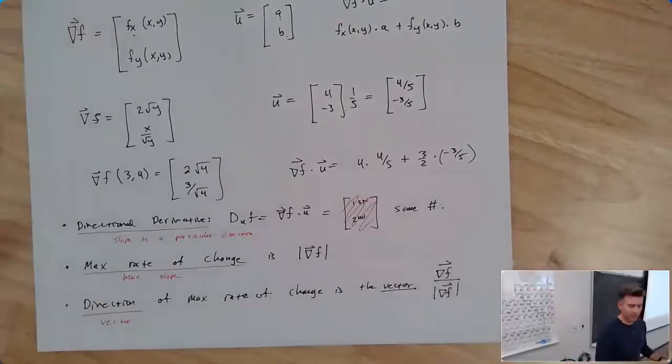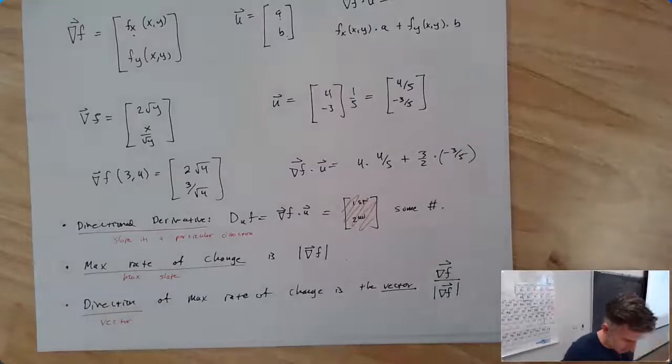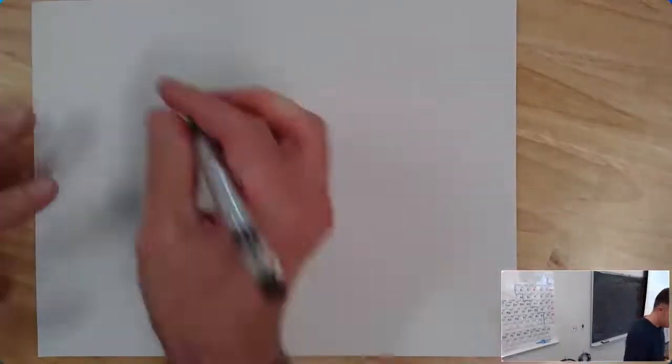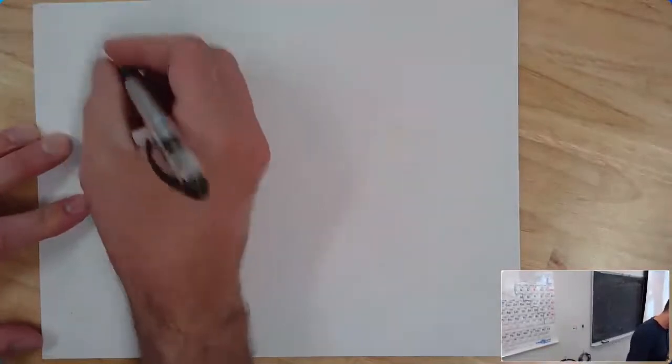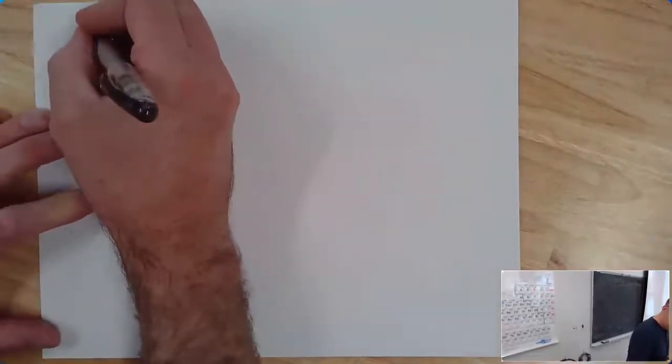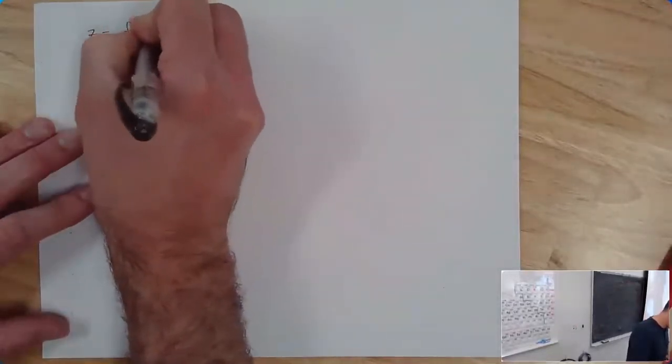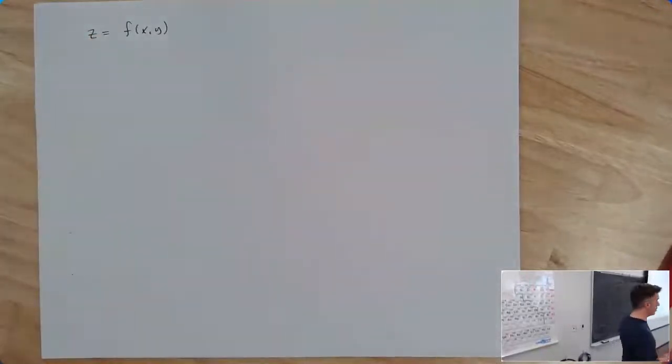So the examples I've been giving have all been starting with a function, right? But someone could give you different information. Someone could give you something like what he is giving you on the practice exam, where you've got some function of x and y, but they didn't tell you what the function was.